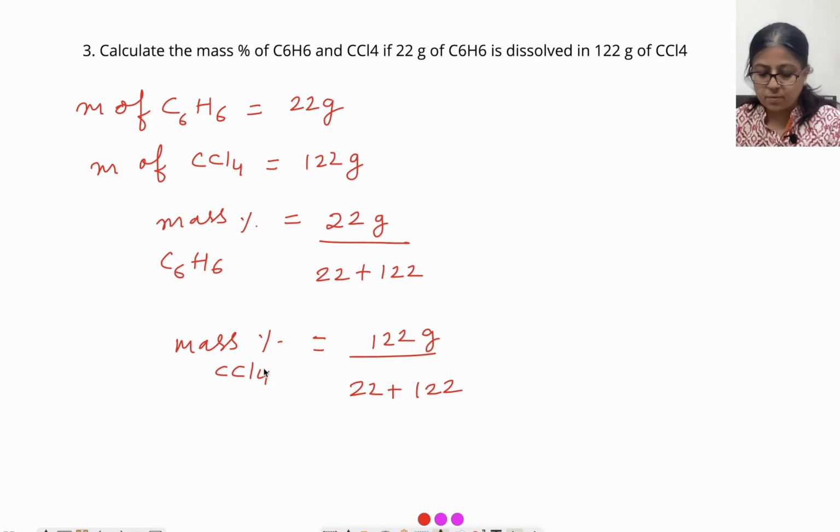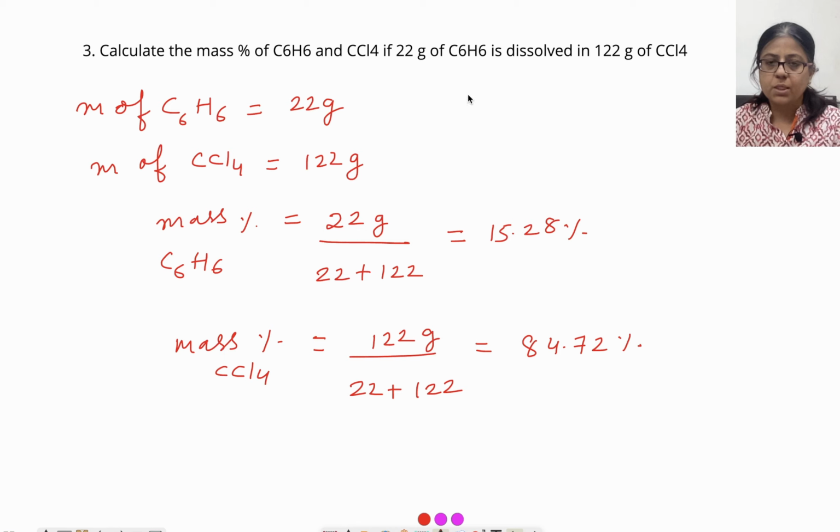Now let us see what the values are here. For the mass percentage of benzene, it is 15.28%, and for the mass percentage of CCl4, it will be equal to 84.72%.